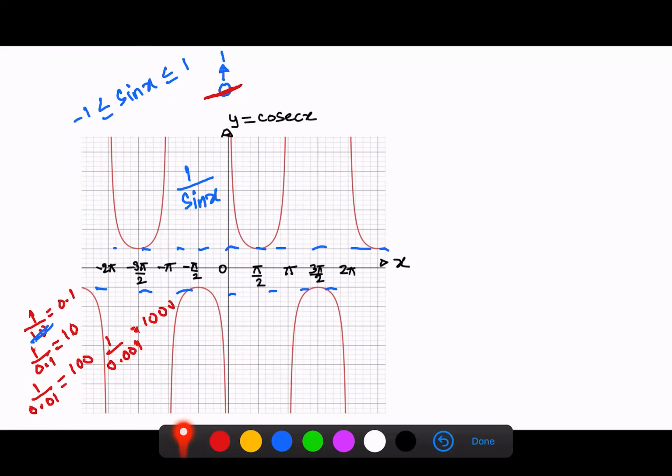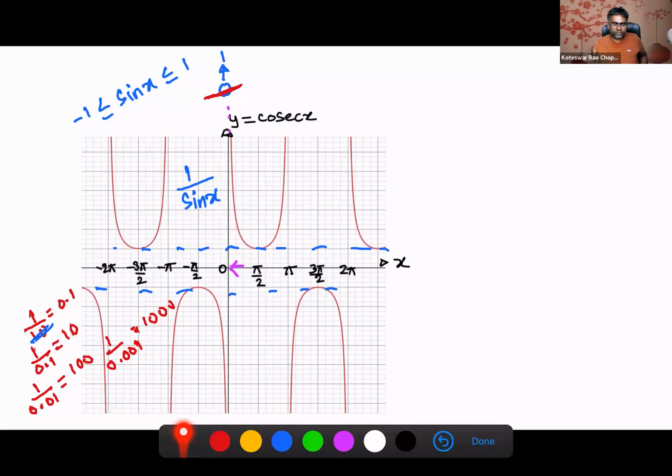Then it would increase to 10,000. So now do you see, when is sin x 0? Sin x is 0 when x is 0, right? So when you get very close to 0, what is happening to the values of cosecant x? They become very large. That is why this curve is shooting up.